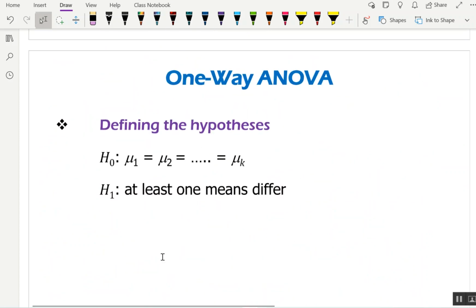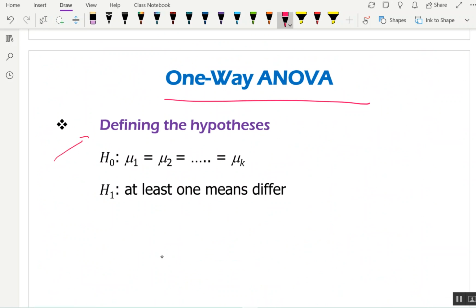Now looking at this one-way ANOVA, we go into the part I mentioned just now, defining the hypothesis itself. This is the objective that we want to achieve by doing this ANOVA, which is to see whether there are differences or not between the population means. So this becomes the alternative hypothesis: at least one mean differs, meaning that one of the population means differs.